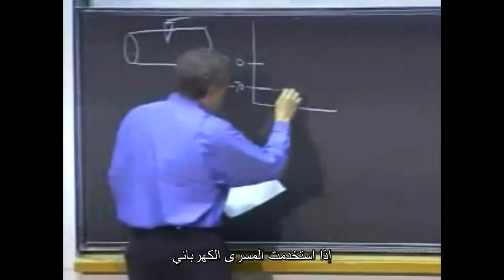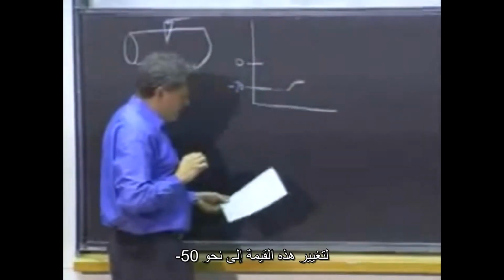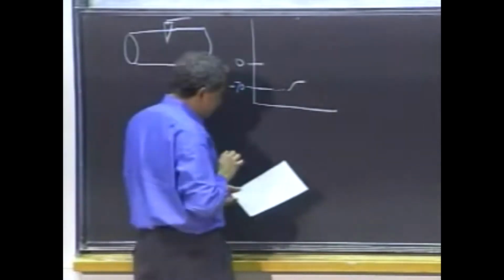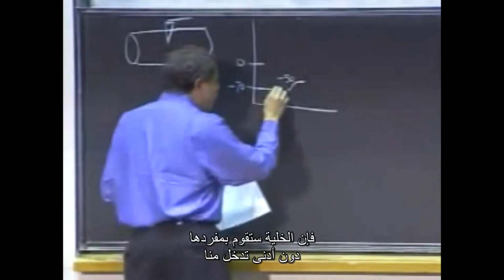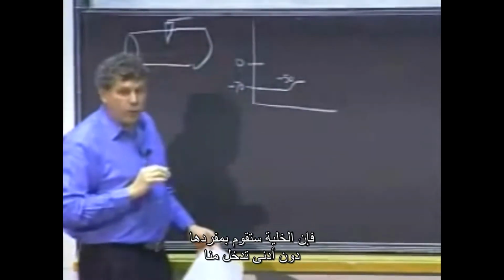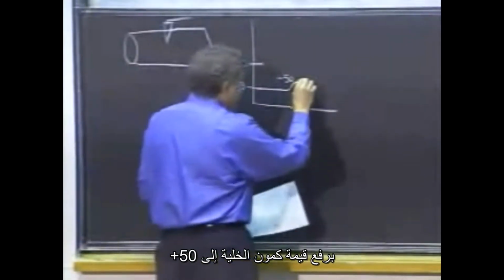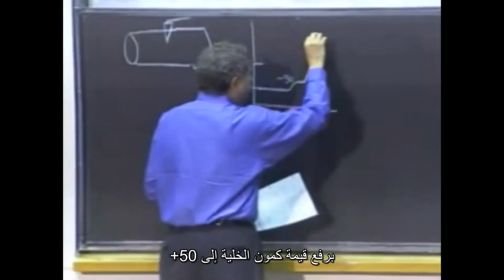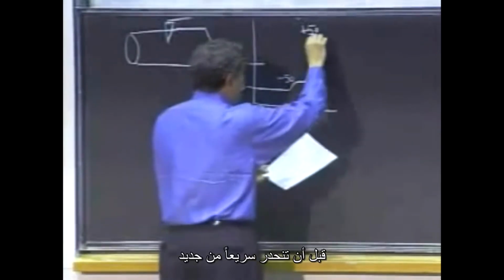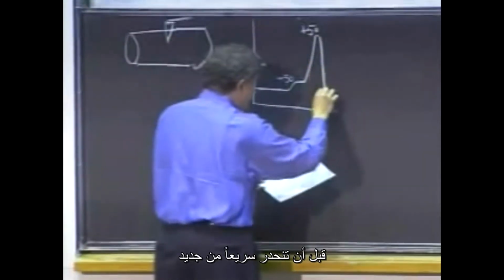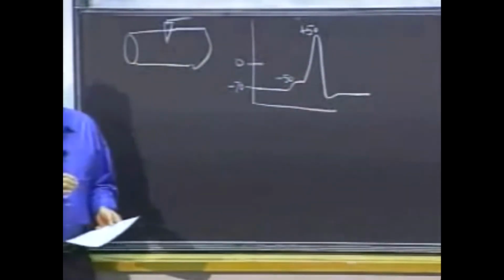If I use the electrode to change this to about minus 50 or so, then all by itself, with no further input on our part, the cell wildly shoots up to plus 50 before rapidly coming back down and reestablishing itself at minus 70 again.